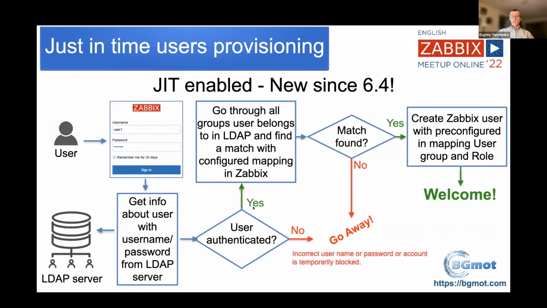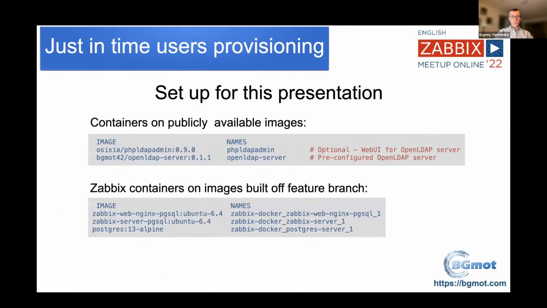Then the user is created in the internal Zabbix database and given membership in a user group and a pre-configured role for this mapping. You are welcome, the user is created, and you can browse the web UI and do whatever you want according to your permissions.